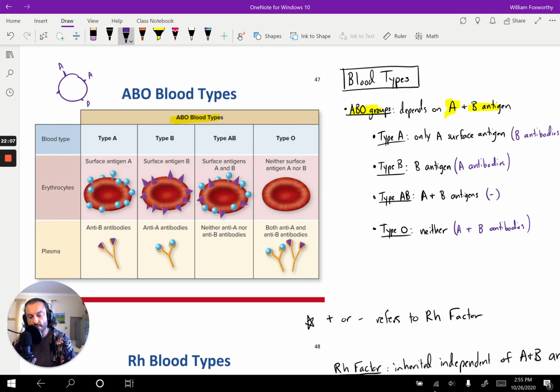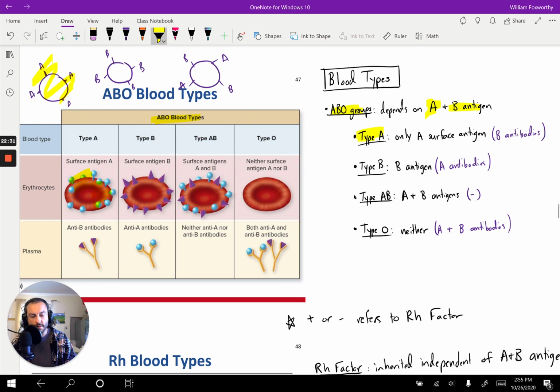So either you have cells like this with A antigens, cells like this with B antigens, or you have a cell with both A and B antigens. So this guy here with a surface antigen A is called type A. So the type refers to the antigen, the cell surface marker on your red blood cells.